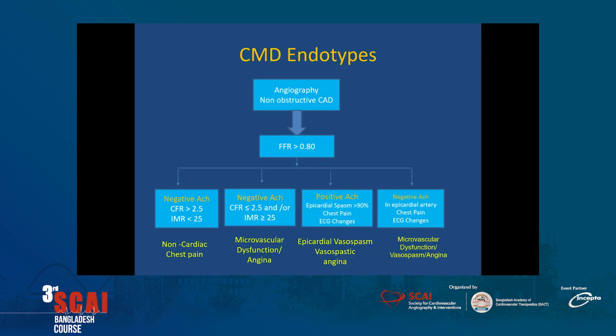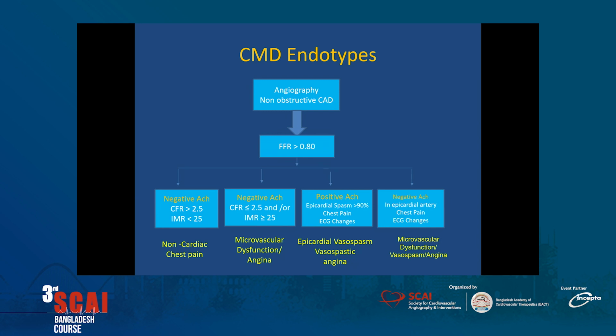So these are the endotypes of the microvasculature. You did the angiogram, no obstructive disease, FFR is normal. Then if you have a negative acetylcholine test, a normal CFR, and a normal IMR, you have non-cardiac chest pain. If you have a negative acetylcholine challenge test, but abnormal CFR or abnormal IMR, you have a microvascular dysfunction, or called microvascular angina.